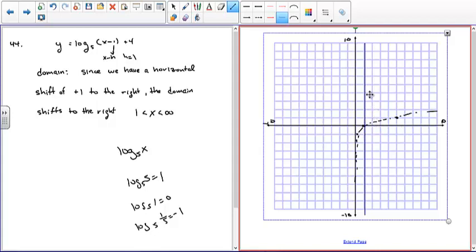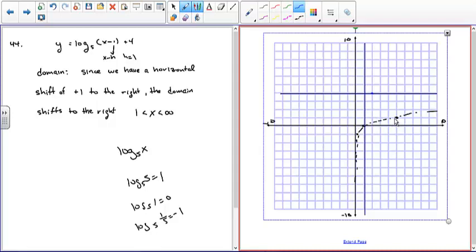I've shifted the origin 1 unit in the x direction and 4 units in the y direction. Relative to that new transformed axis, I can put in this point, which is 1 unit to the right of the original axis.